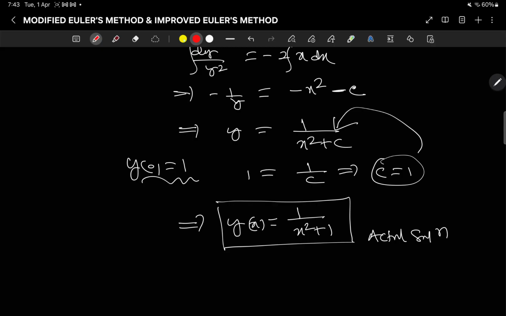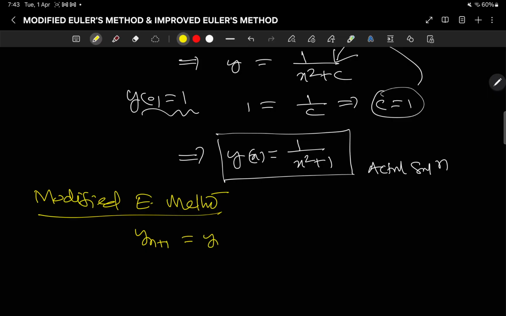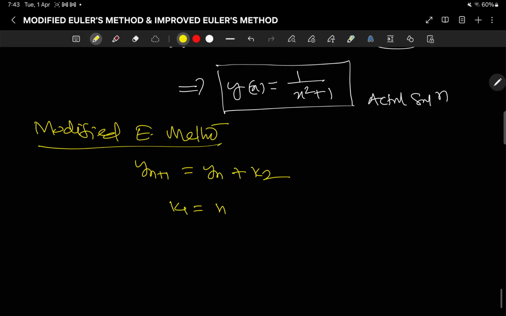Now I find the solution by the modified Euler method. So what is the formula? y_{n+1} is equal to y_n + k2, where k1 is equal to h f(x_n, y_n) and k2 is equal to h f(x_n + h/2, y_n + k1/2).